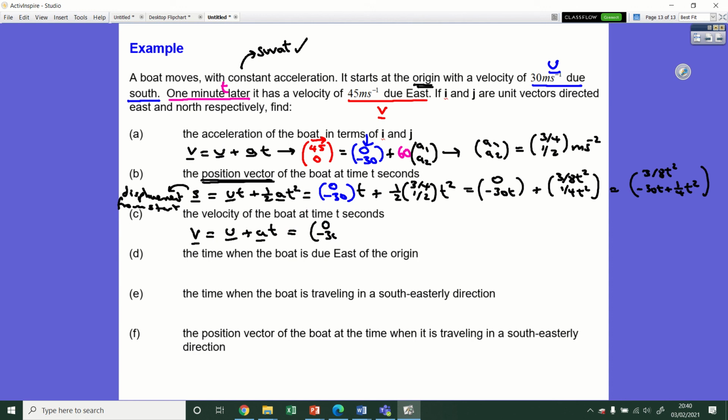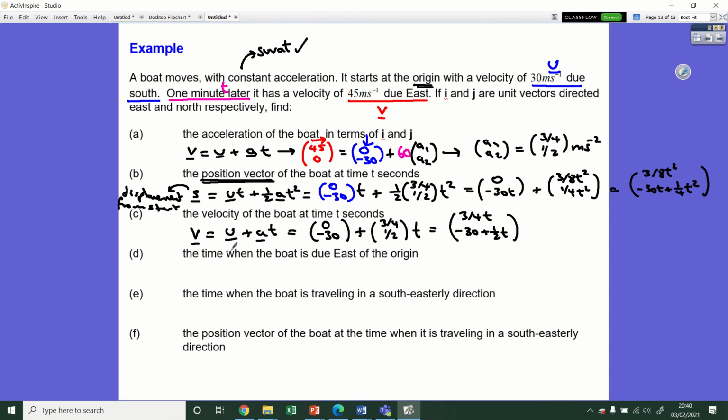I'm not going to use the colours anymore because I don't think I need to. Plus acceleration, 3/4, 1/2, times t, and then combining into a single column vector gives me 3/4 t, and then minus 30 plus 1/2 t. Great.